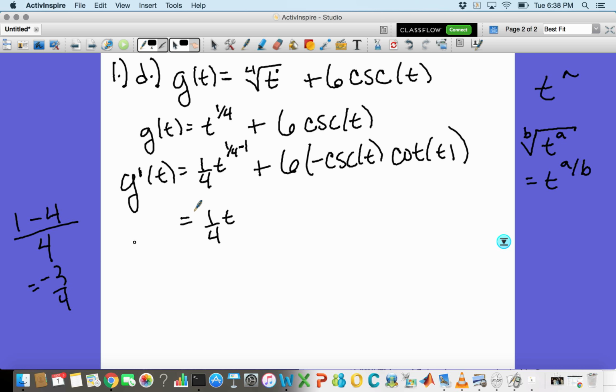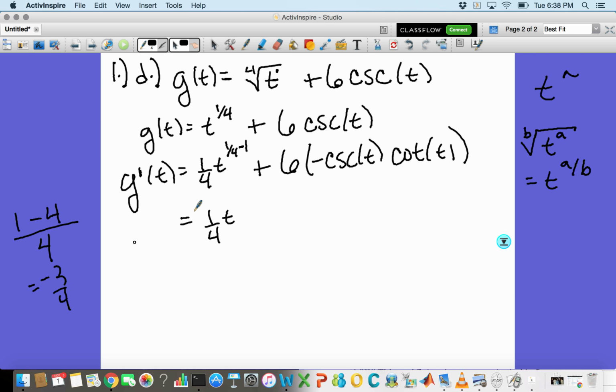So for y prime, it's going to be negative, a negative times the derivative of cosecant. So the derivative of cosecant is negative cosecant cotangent.